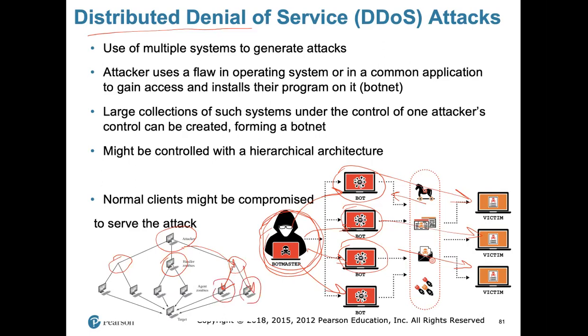Once the attacker issues the order, it goes to the second level managers. Each bot manager sends it to the actual computers which are compromised. And here we have the bots.